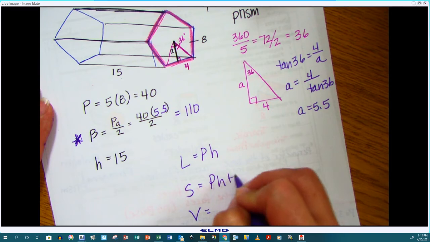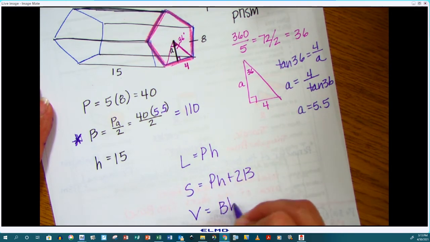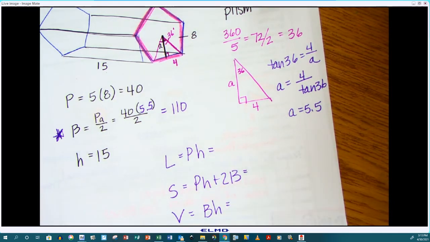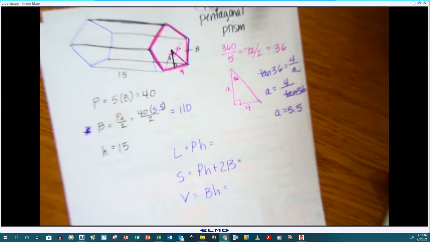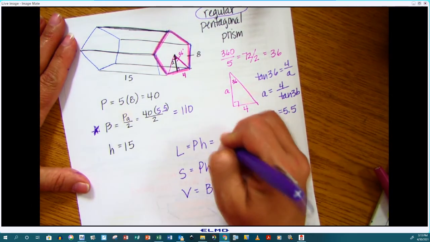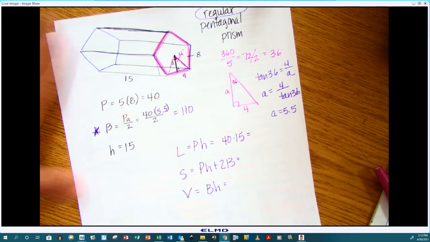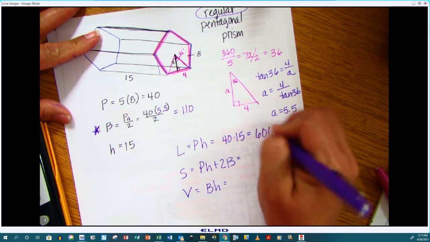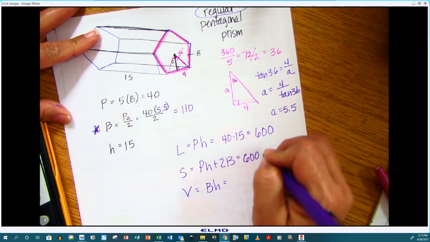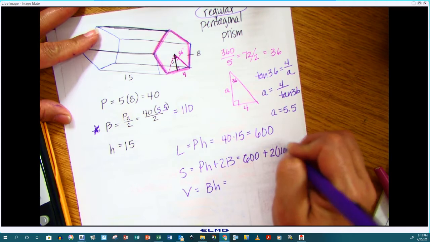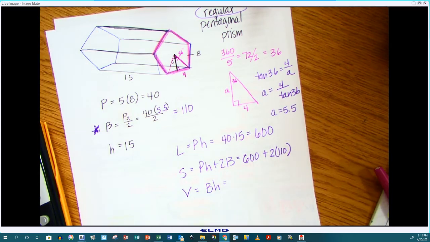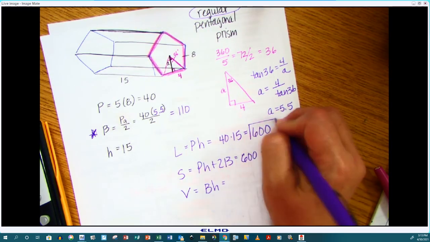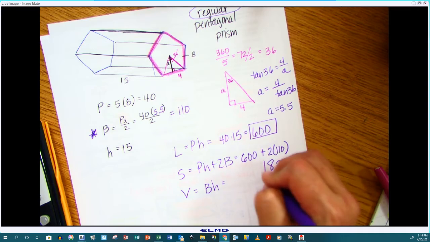Lateral area is PH, surface area is PH plus 2B, volume is BH. Plug and chug. 40 times 15 is 600. Surface area is 600 plus 2 times 110, so 600 plus 220, which is 820.